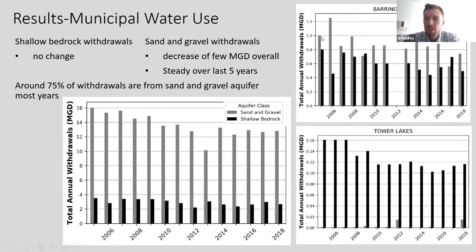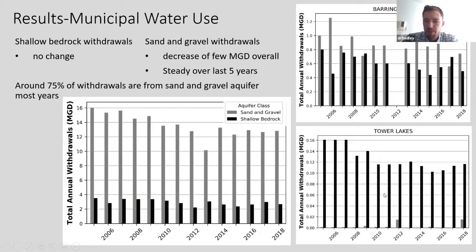But in general, it looks like Barrington water use is going down slightly through time. And there really isn't too much trend in terms of withdrawals from the shallow bedrock system. And you could maybe make the argument that sand and gravel withdrawals are slightly declining through time.